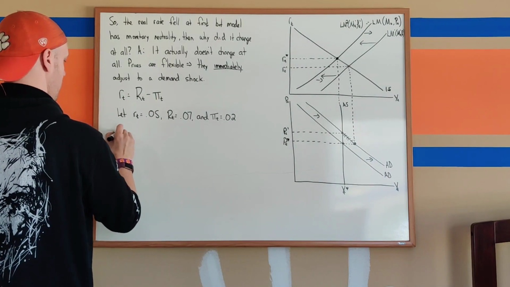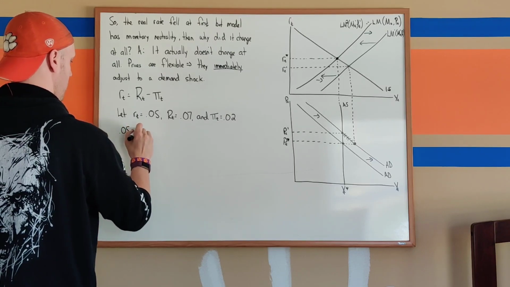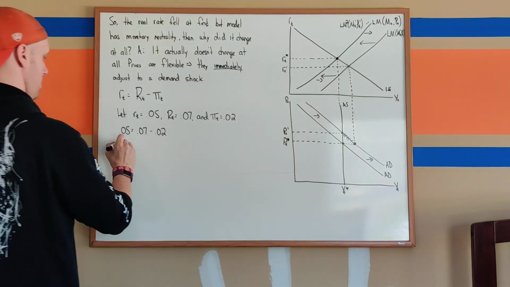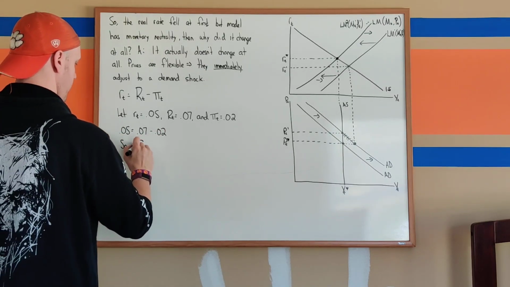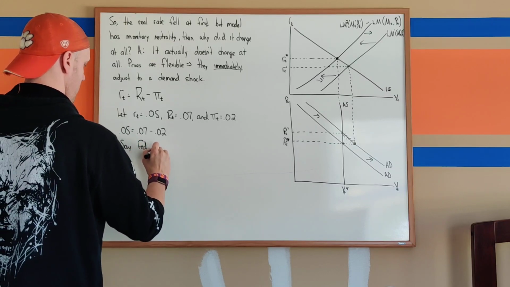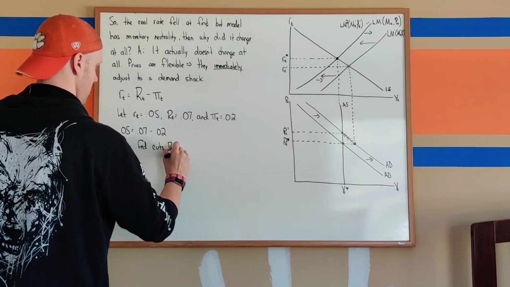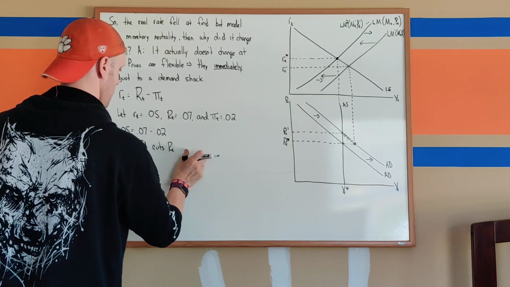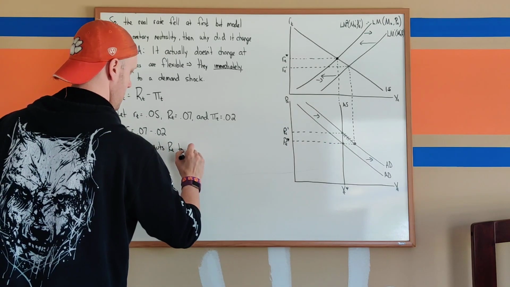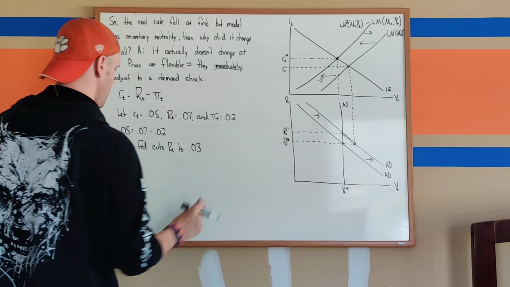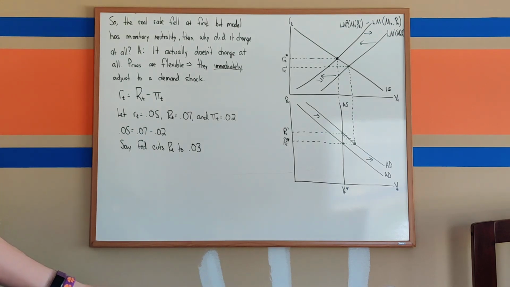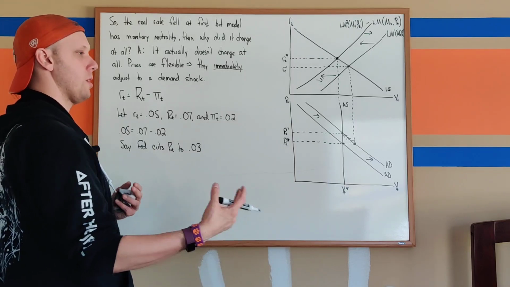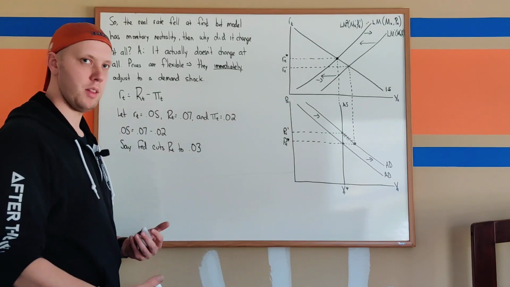So just plugging into this, I get 0.05 equals 0.07 minus 0.02. So let's say the Fed wants to cut the nominal interest rate to 0.03. They do this by increasing the money supply, therefore the cost of borrowing money falls because there's more money to be lent out.